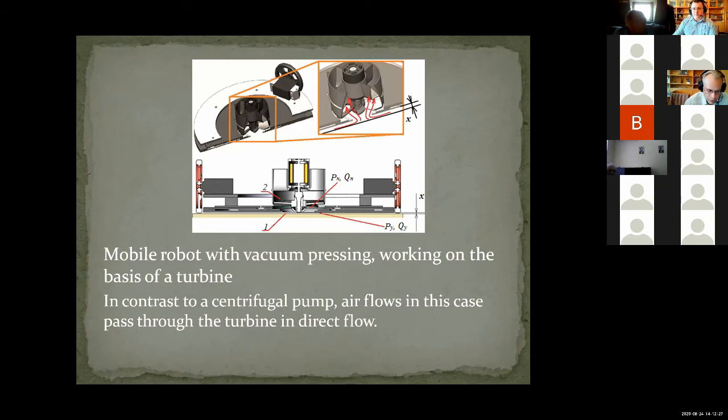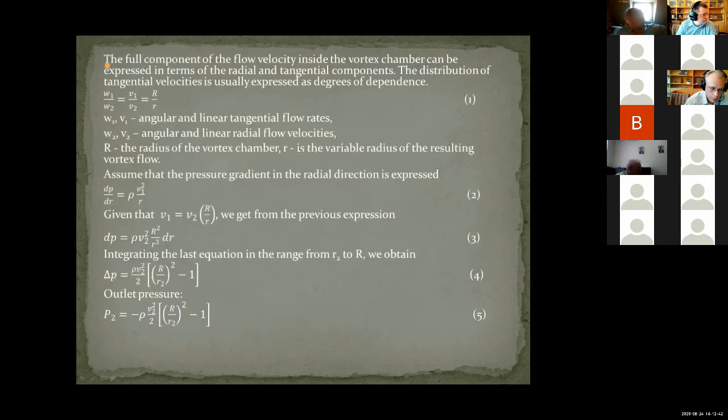In contrast to a centrifugal pump, air flows in this case pass through the turbine in direct flow. The full component of the flow velocity inside the vortex chamber can be expressed in terms of the radial and tangential components. The distribution of tangential velocity is usually expressed as a power-law dependence.